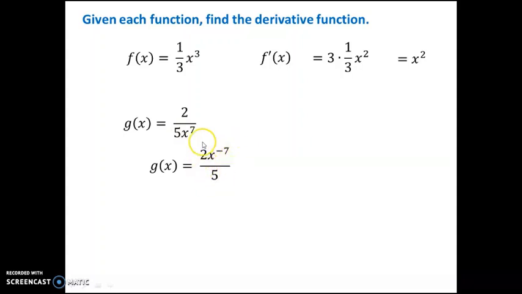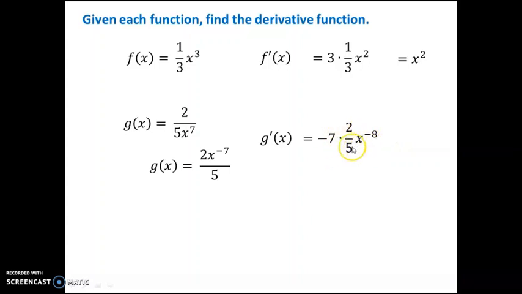So now we have a form of this function where we can take the derivative. So g primed, or the derivative, would be, you take that -7, you drop it to the front, we still have our 2/5 fraction here, and then the exponent didn't become 6, it became -8 because remember you always have to subtract 1 from this exponent. So -7 subtract 1 is -8.